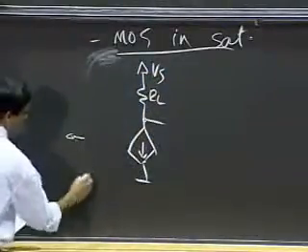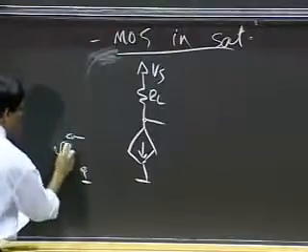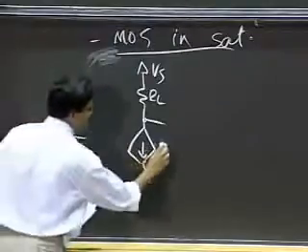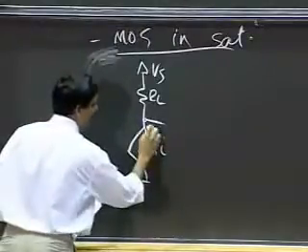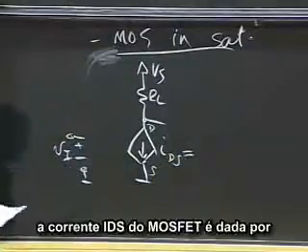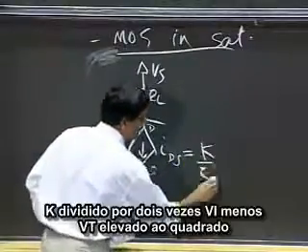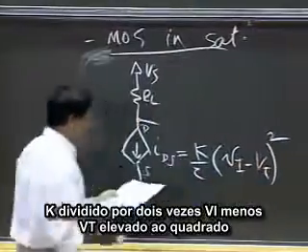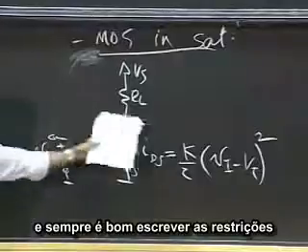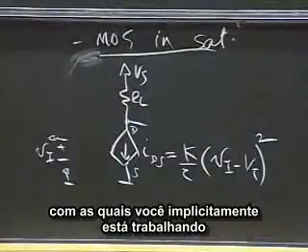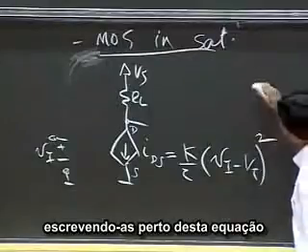Okay? And the current IDS for the MOSFET is given by K by 2 times VI minus VT, all squared. Okay? And it's always good to write the constraints under which you are implicitly working close by.